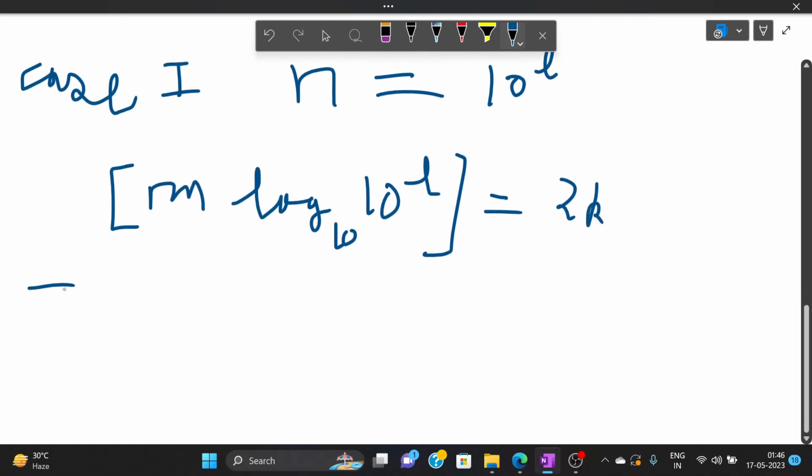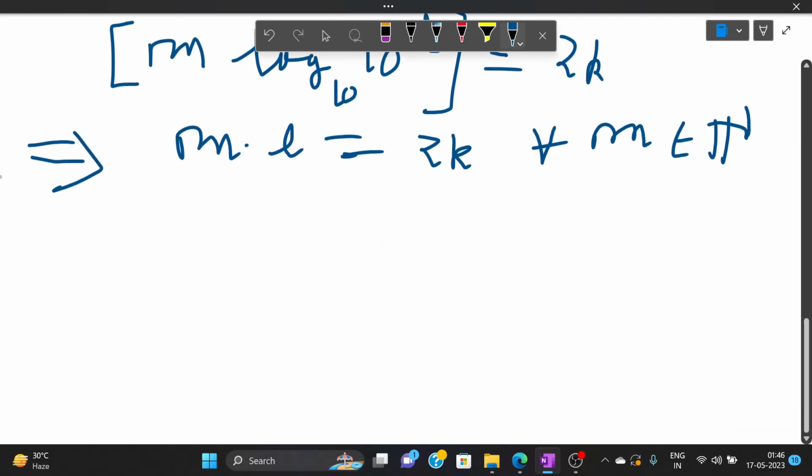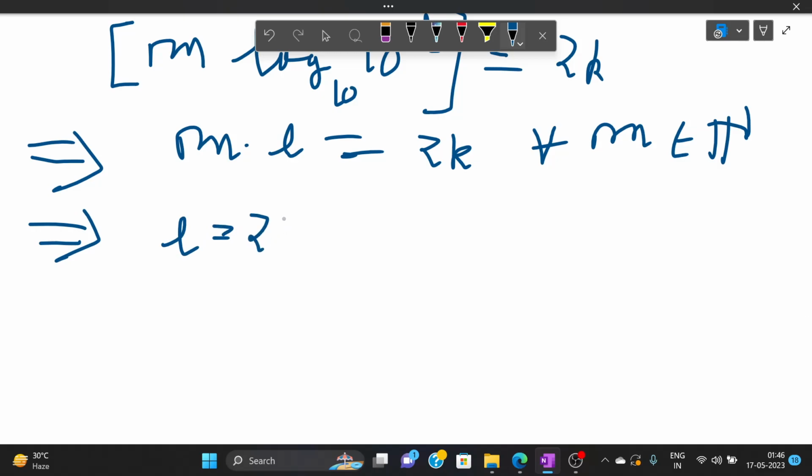So this implies that m into L should be an even number for all m belonging to the naturals. And this is possible when L is an even number. So L should be of the type 2k1.